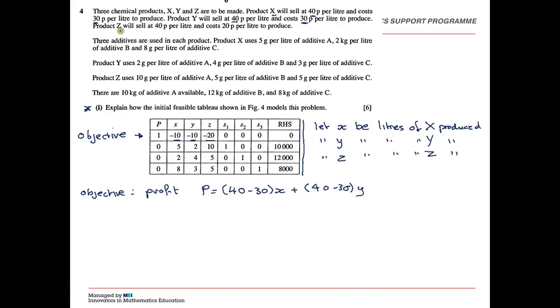And for Z, we've got 40 and 20. So simplifying that gives us P is 10x plus 10y plus 20z. And of course, when we put that into the tableau, we would be rearranging that so that we would have P minus 10x minus 10y minus 20z is equal to 0.